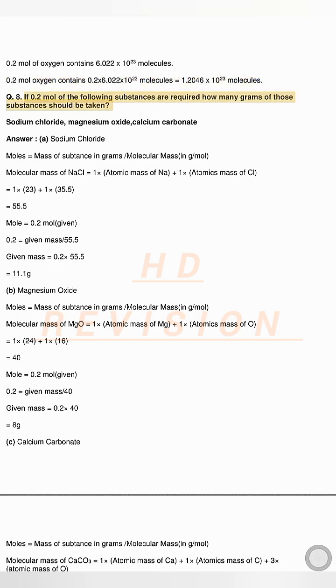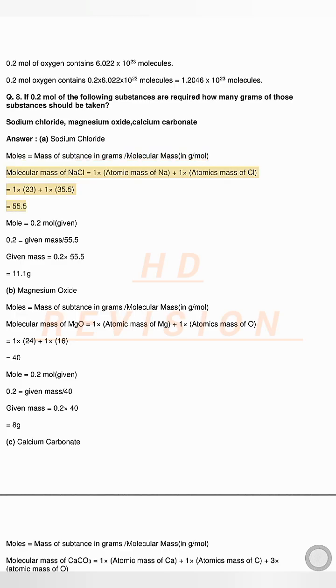Q8. If 0.2 moles of the following substances are required, how many grams of those substances should be taken? Sodium chloride, magnesium oxide, calcium carbonate. Answer. A. Sodium chloride. Moles equals mass of substance in grams divided by molecular mass in gram per mole.